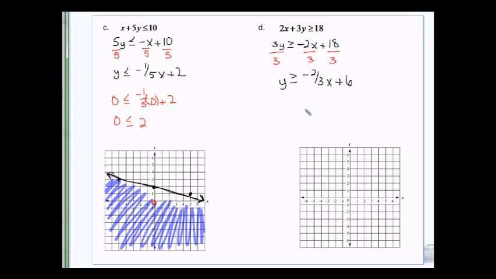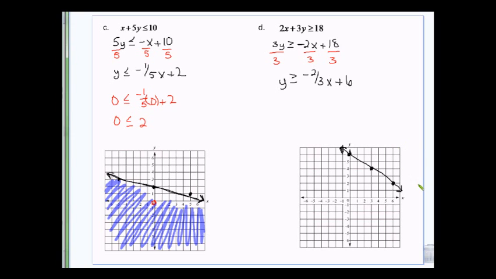Okay, so I put it into y equals mx plus b. And I've got my line. Which side am I going to shade on? Anybody?